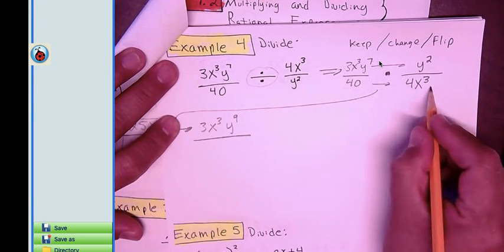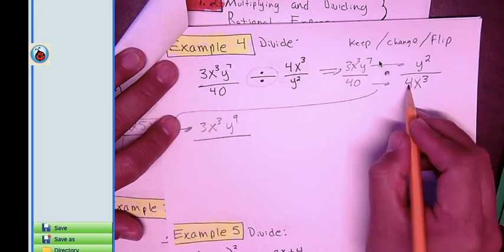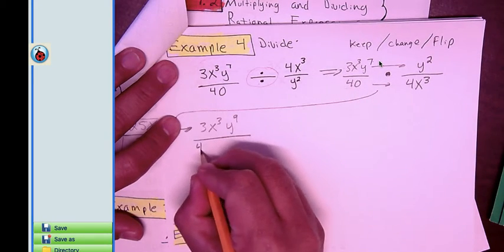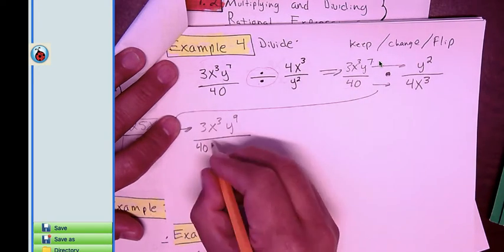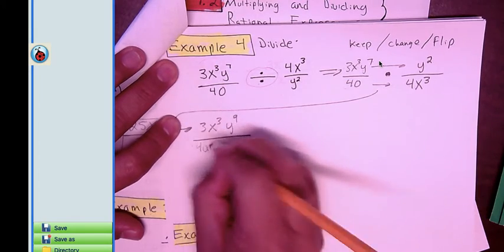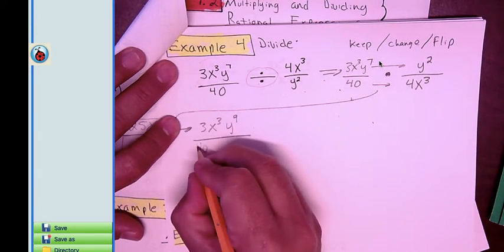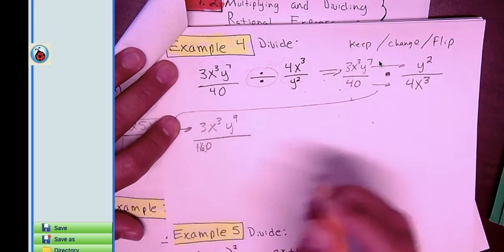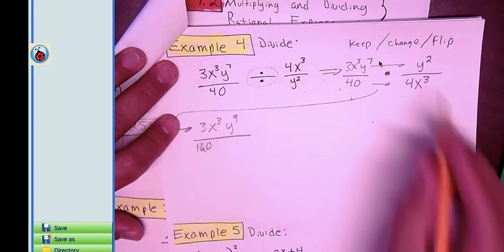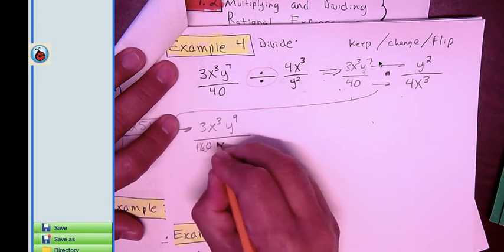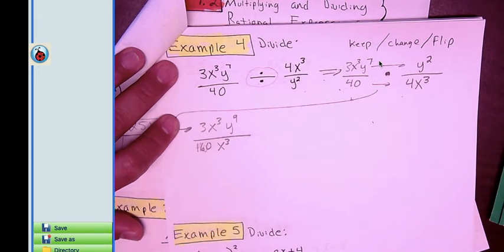And then you multiply across. So 40 times 4, let me simplify that. So 4 times 4 is 16, so 160 times the x cubed. Alright, so what happens here?